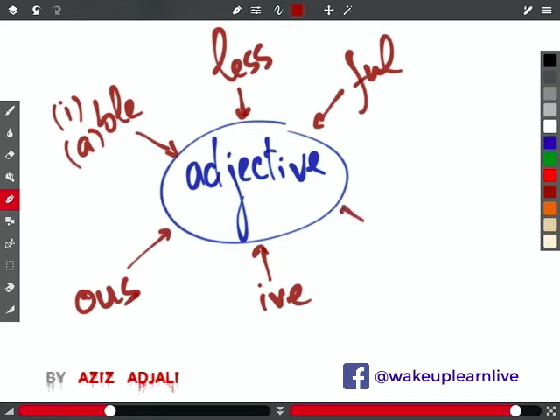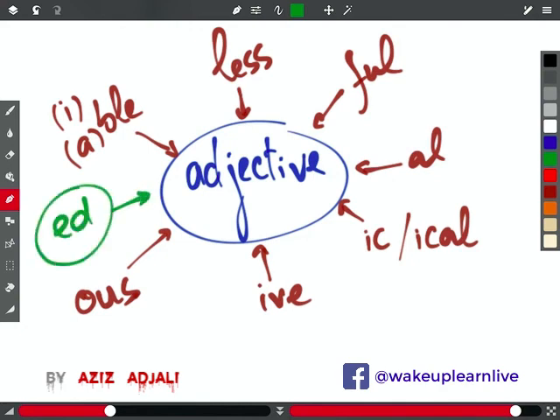We have ic and we have ical. Can be ic or ical. So economic, tragic, artistic, cultural, musical. So sometimes you have even al without ic, like cultural, for example. Okay, so in here, if we want to make a general rule to make an adjective without knowing how to, sometimes we can add the ed in the end.